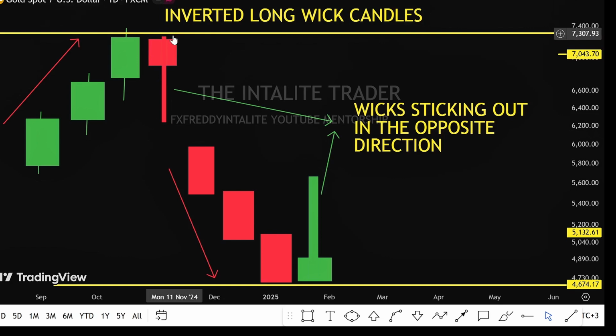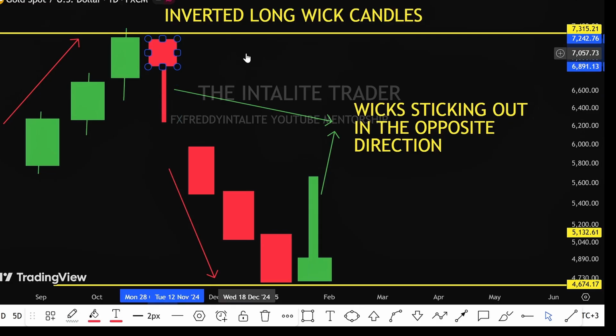I repeat, when price was approaching this level, you had a sudden selling presence that entered into the market. It tells you this key level is of interest to the sellers.